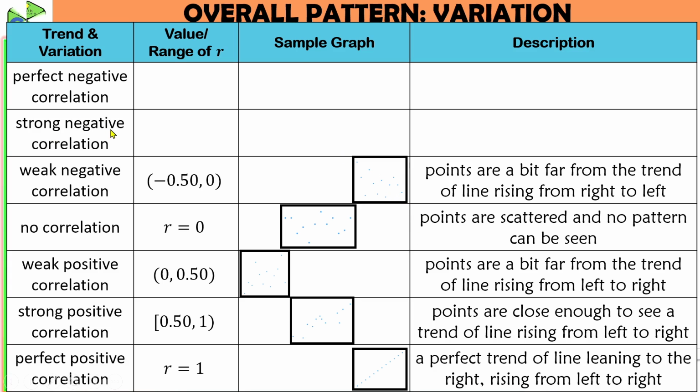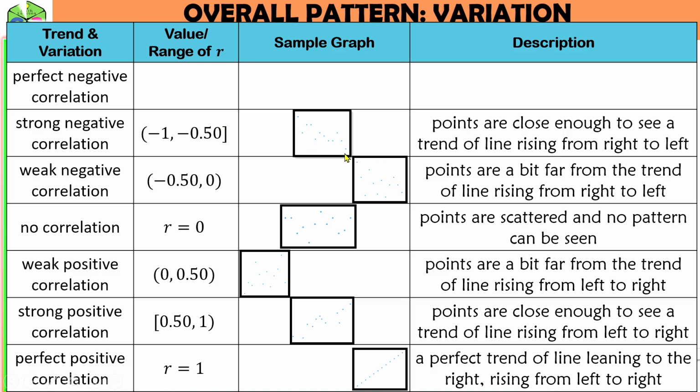Next one is the strong negative. This time is from negative 1 to negative 0.5. Negative 1 exclusive, not included, to negative 0.5 inclusive, included. Here is a sample of the graph. So here you can better see that the points are close enough to see a trend of line.